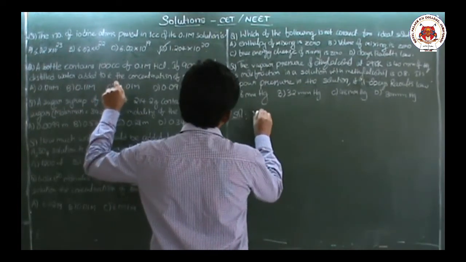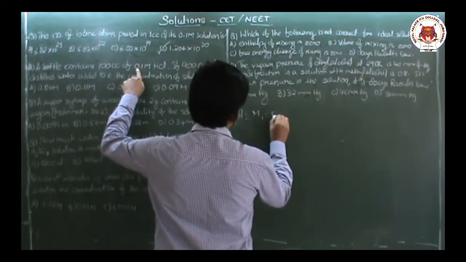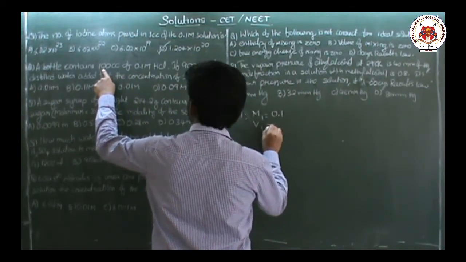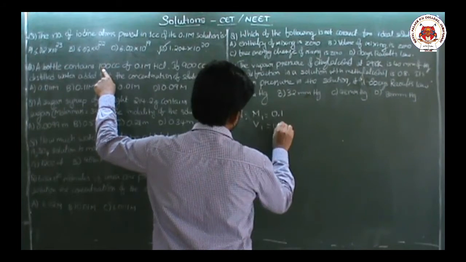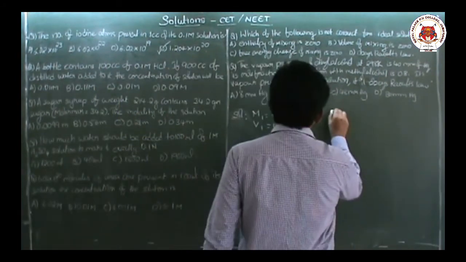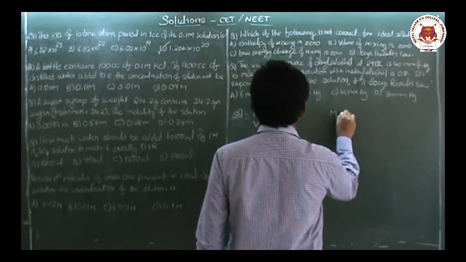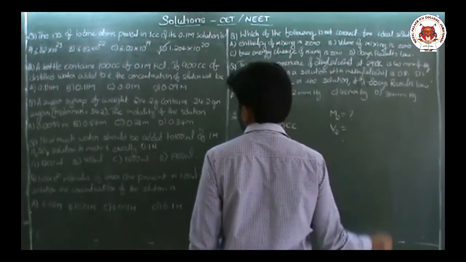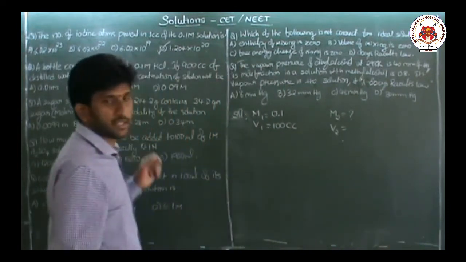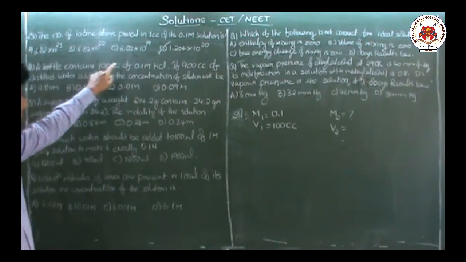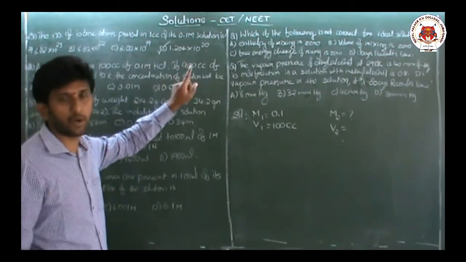Here, initial molarity M1 is 0.1. Initial volume V1 is 100 cc. We want to calculate M2, provided V2 is known to us. There is a bottle that already contains 100 cc volume, and to that 900 cc volume is added.